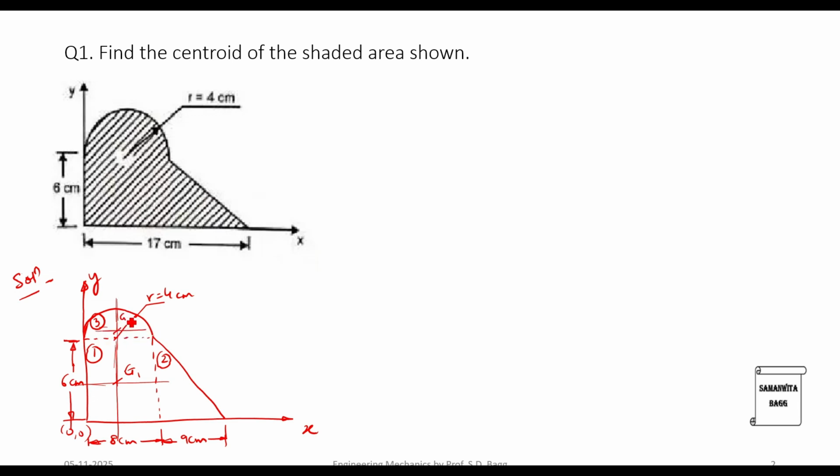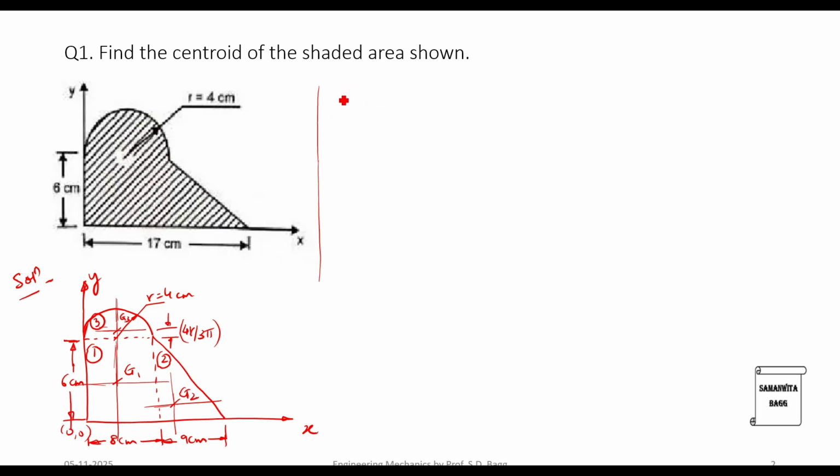So this is my G3. This height is going to be 4r by 3 pi. For a right angle triangle, it is 1/3 of height, 1/3 of base. So this is G2. So once we have marked all this, we are going to first draw a table here.